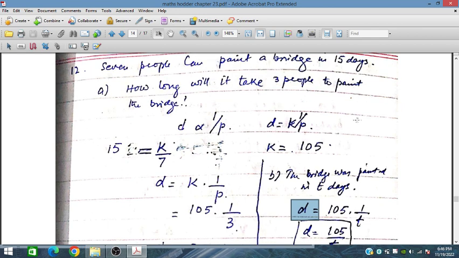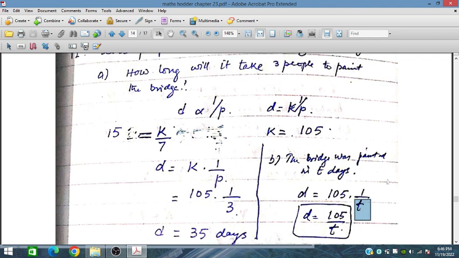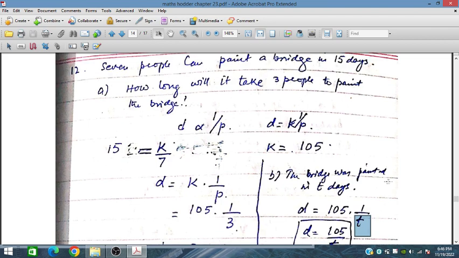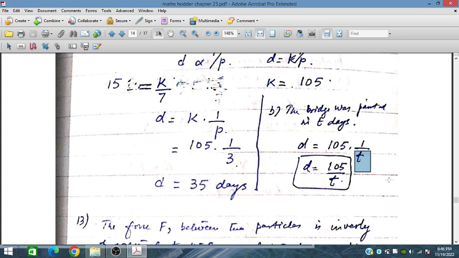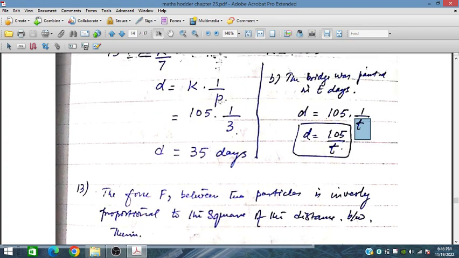In B part, the bridge was painted in T days. If the bridge is painted in T days, then we can write down like this. So we can write down with this relationship.